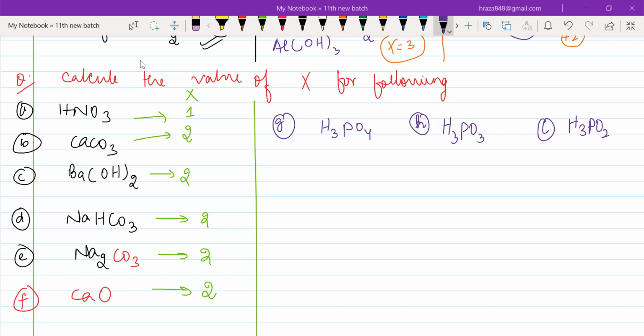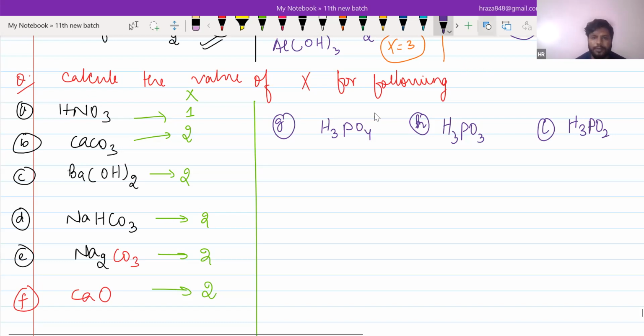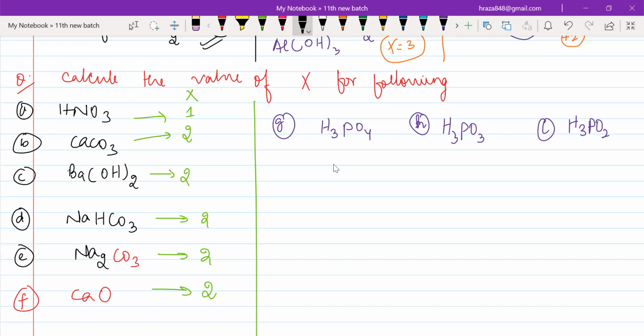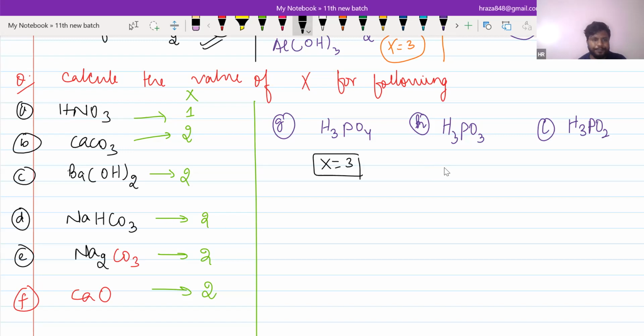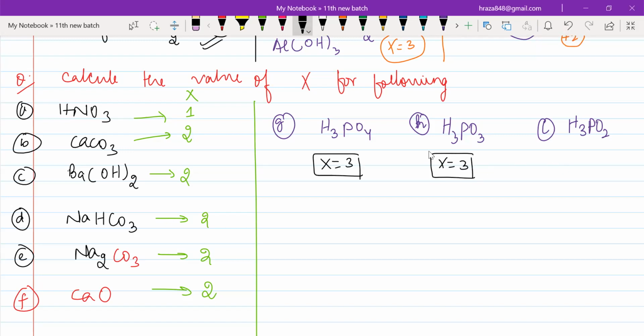I didn't get the third one, H3PO2. Okay, no problem. Tell me the value of X for H3PO4. Sir, 3. Then, sir, I don't know that. Okay, this is wrong, the first and second one.